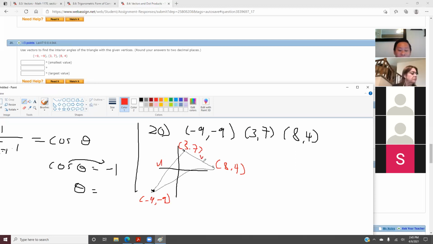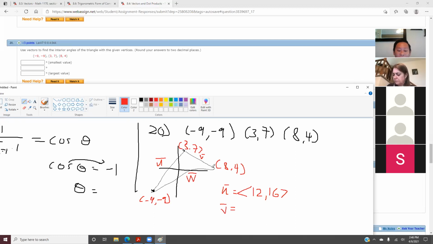Do you know how to find vectors u, v, and w? 3 minus -9. Very good. So to find vector u, it is 3 minus -9, which is 12. And 7 minus -9, which is 16. Thank you. That is correct.